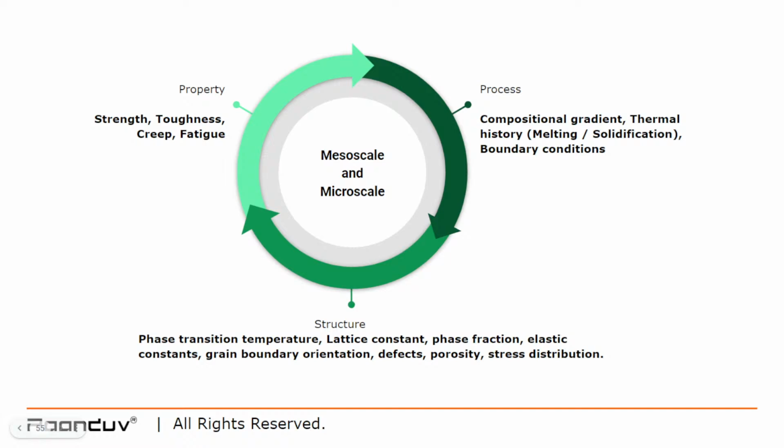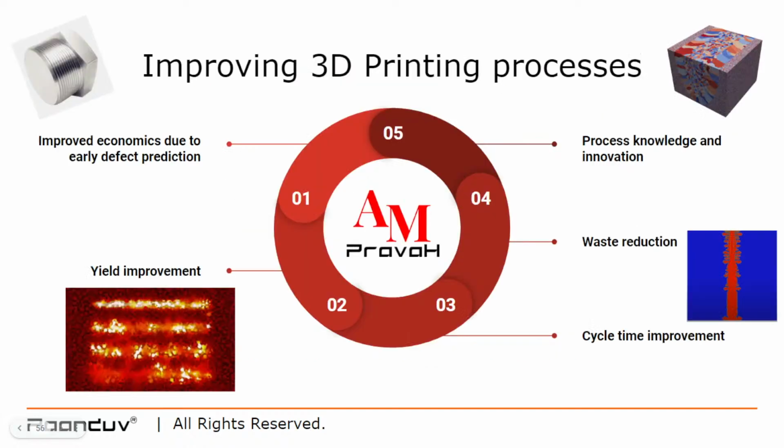It directly affects the strength, toughness, creep, and fatigue of your parts. So if you do macroscale modeling and then move on to mesoscale and microscale modeling, there's a good chance that you will catch defects earlier, and save on a lot of other complications that may arise after the part is built.